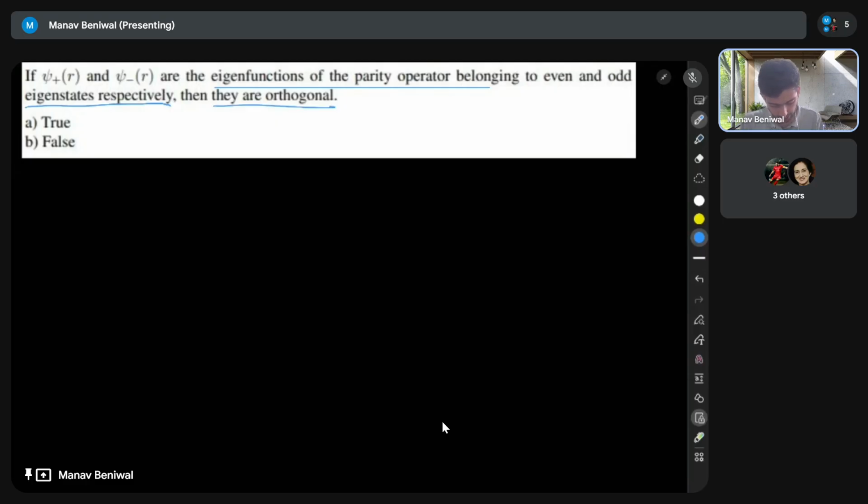When the parity operator acts on psi plus, we get psi plus because it has even parity. On the other hand, if p acts on psi minus, we get minus psi minus because it has odd parity.